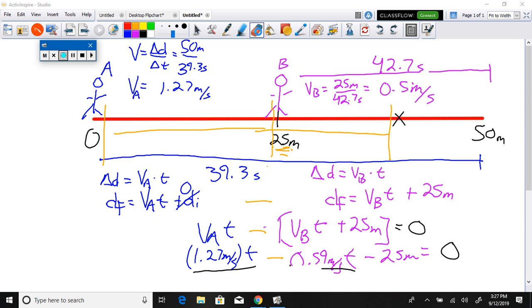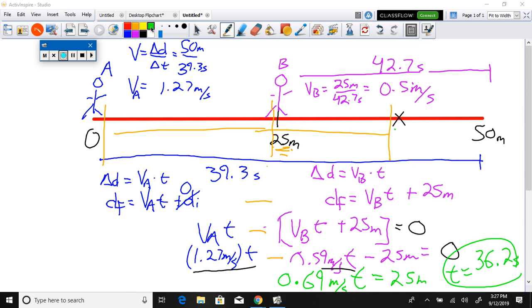We are going to get 0.69 meters per second times t equals 25 meters. So if we solve for t, time is equal to 36.2 seconds. So they're going to cross, when they meet, at 36.2 seconds.